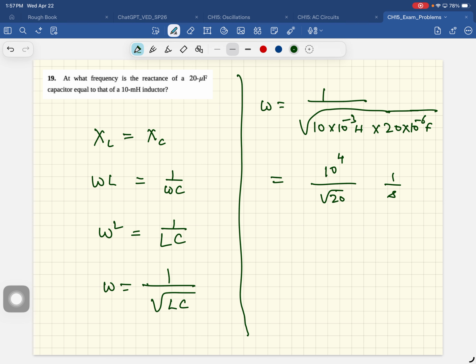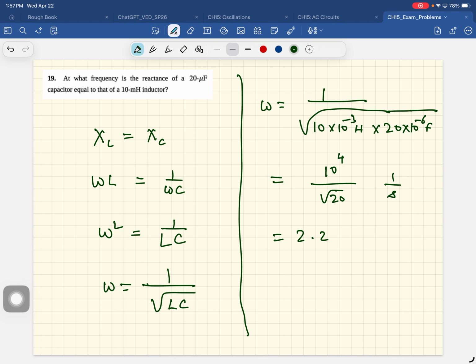Okay. Part B, what is the amplitude of the current from the source? So now we can calculate the amplitude of the current. I max is V max divided by Z. And so they tell you the voltage amplitude is 100 volts. Okay, so they tell you V max.